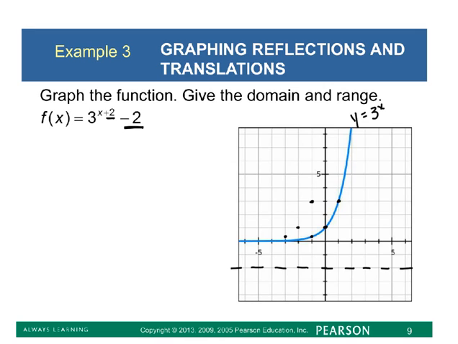So move all of those down 2 units. So graph those points. And then draw your smooth curve through those points. Like that. And we are done graphing this exponential function.